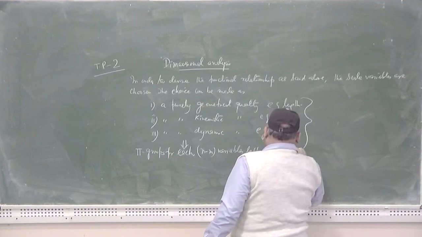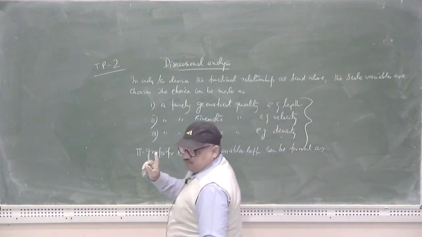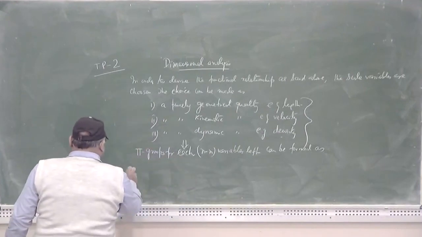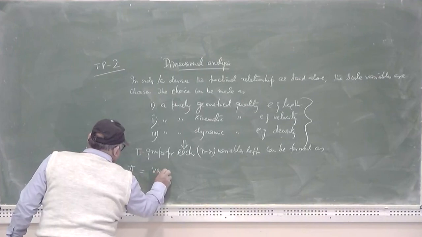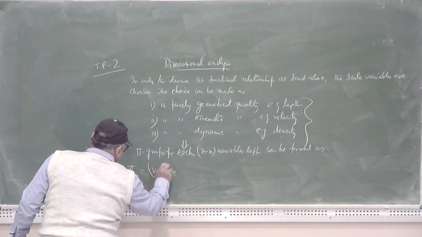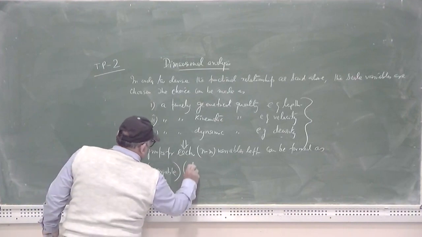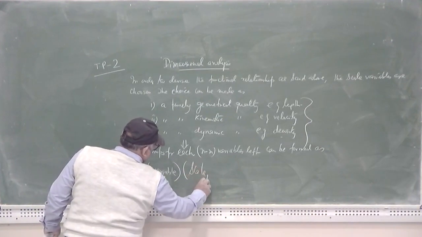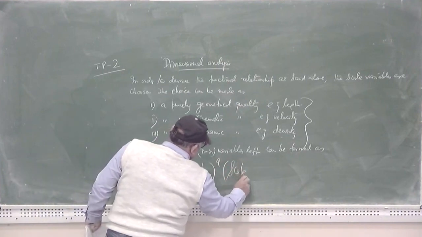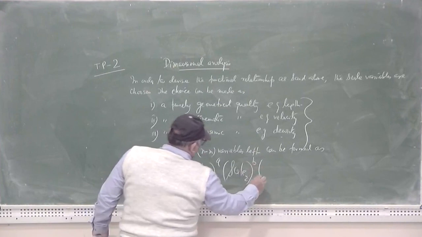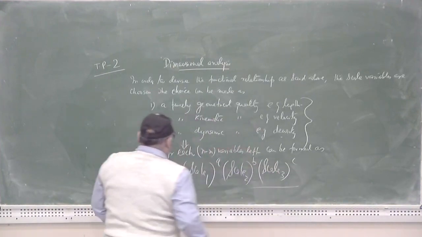Let us suppose I am considering the first group, pi: that will be the first variable into scale variable 1 raised to the power a, scale variable 2 raised to the power b, scale variable 3 raised to the power c.